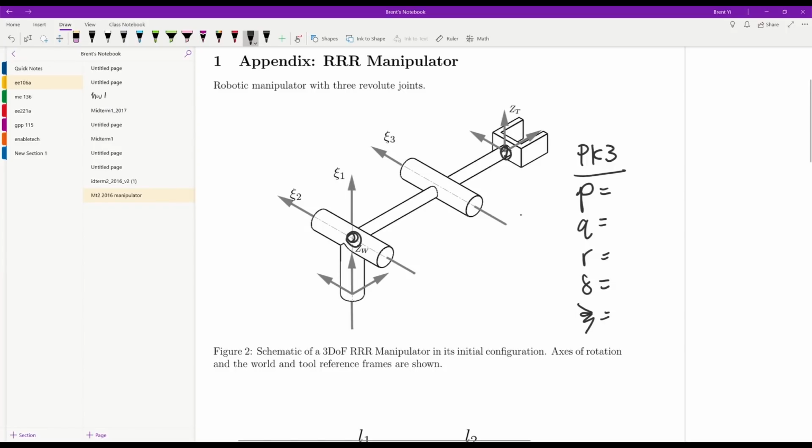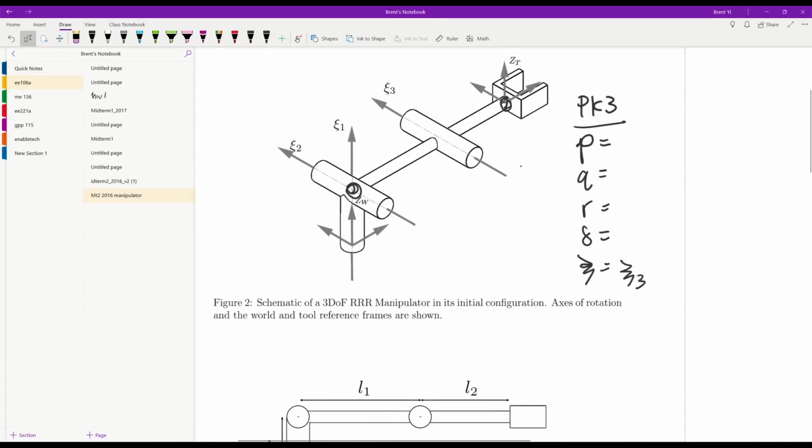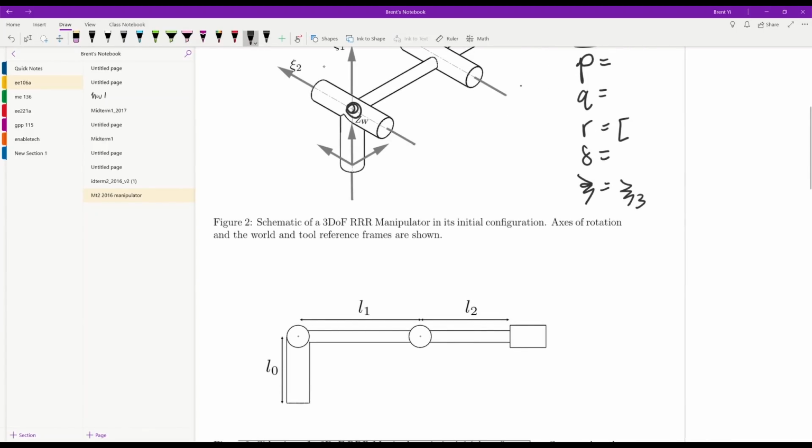So let's just go on the easy ones first. So the twist is just twist 3, right? Because it's rotating along twist 3. R is just a point along twist 3, along this axis of rotation. So we can set that to just the coordinate of a point here, which would be L1 in the x-axis, anything for the y-axis, and then L0 for the z.